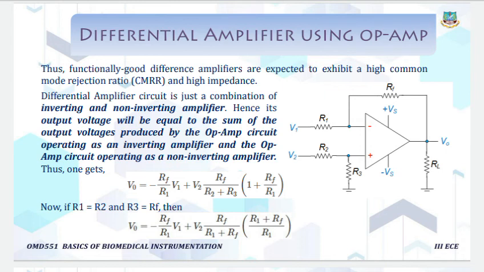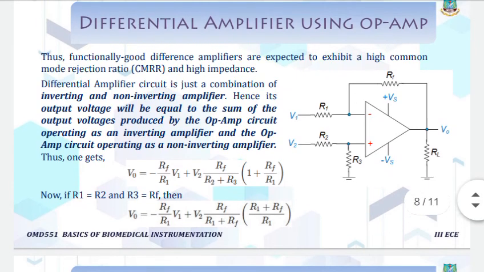The differential amplifier circuit is just a combination of inverting as well as non-inverting amplifier. So the output voltage will be equal to the sum of the voltage produced by the circuit operating as an inverting amplifier and the circuit operating as a non-inverting amplifier.